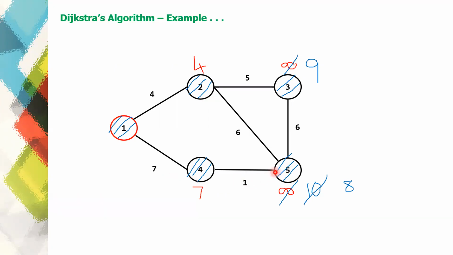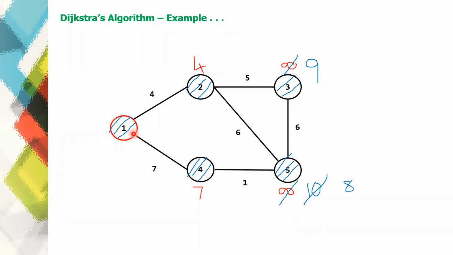Now, after 5 steps, you can see that all the 5 nodes are visited and each node is associated with the shortest distance. Now, how to know what are all the shortest distances? Source vertex is 1.